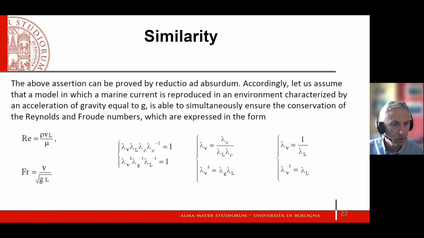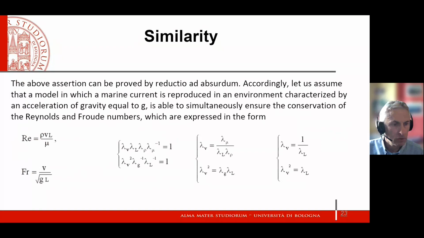So in this specific case that you see on the slide, do we really need to reproduce both the Reynolds number and the Froude number? Think of their physical interpretation and think of a specific application like pipe flow. In pipe flow, I don't think we really need to reproduce the Froude number.